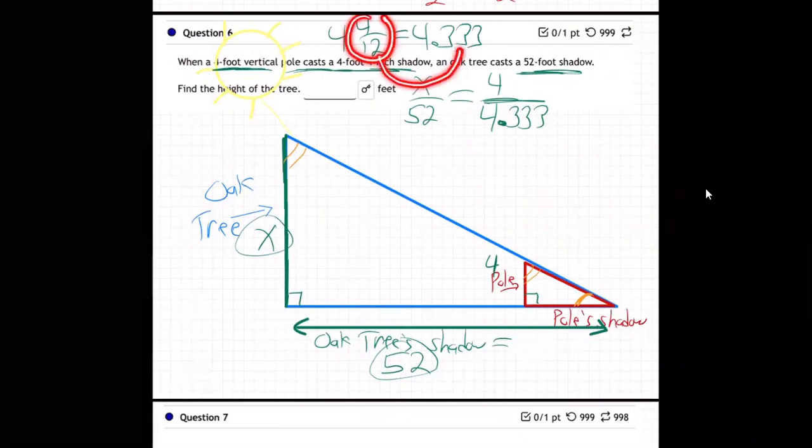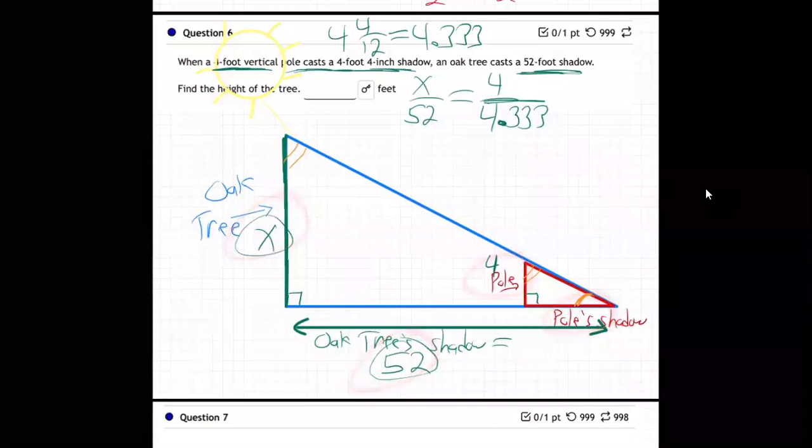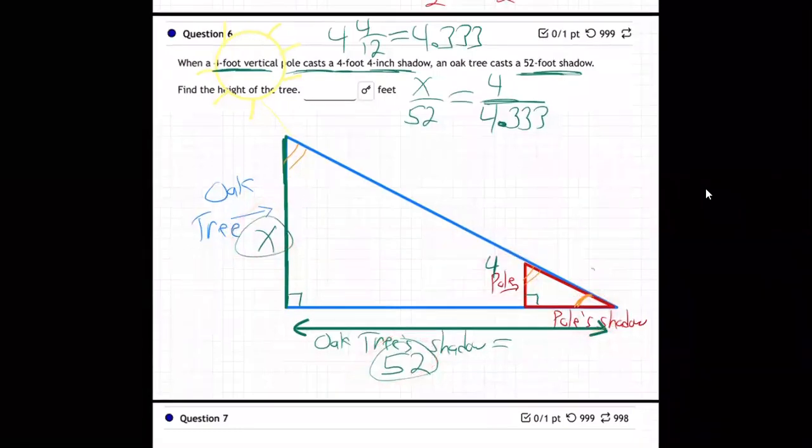If you divide 4 by 12 on your calculator, it'll tell you 0.33333 forever. So 4 foot 4 inches is 4 and 4/12 feet, which is 4.33333. That goes down here: left to bottom is left to bottom. The pole's shadow is 4.333.